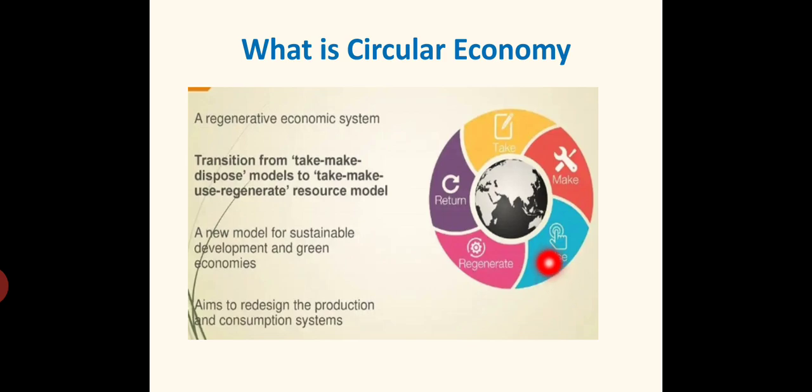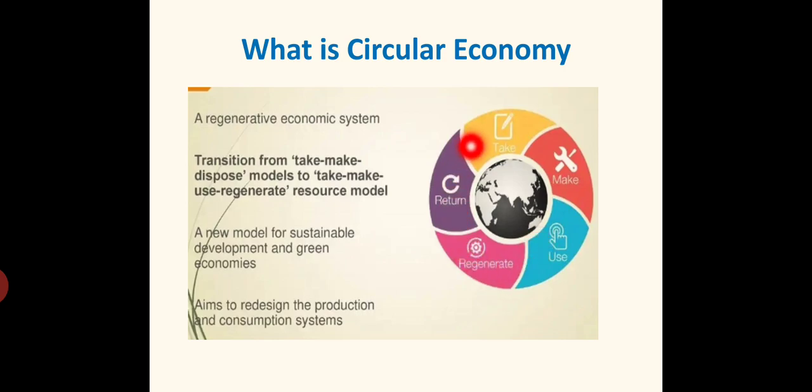So instead of linear economy, in order to make it circular economy, we are adding few more processes to this cycle, so that it will be a closed loop. The processes added are regenerate. So after use, we will be regenerating that product for some other purposes, or even for the same purpose we can regenerate it.